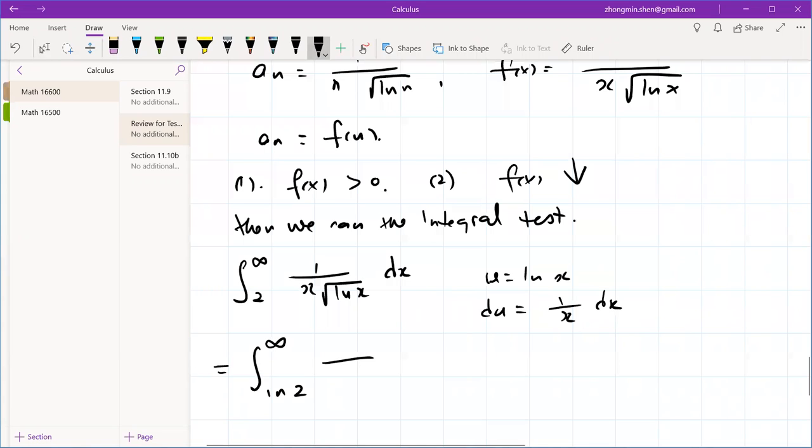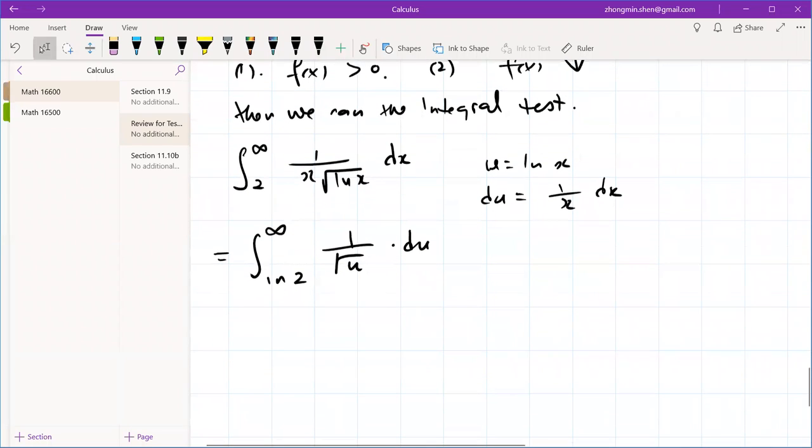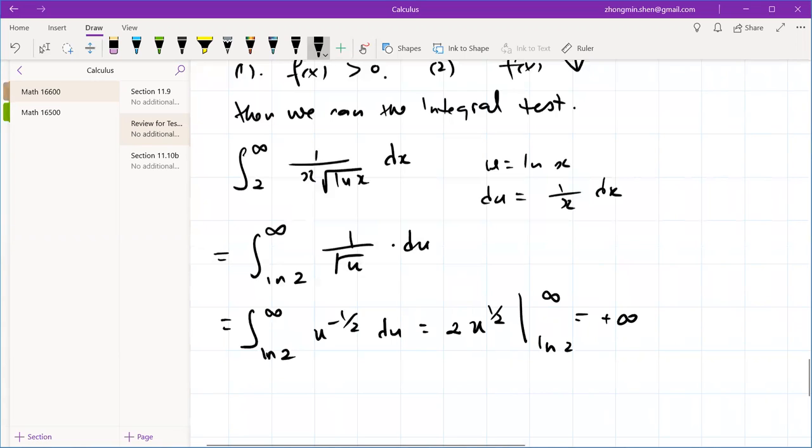And this is going to be 1 over square root of u du. Clearly this is going to be divergent because p is 1/2. So you get the integral from natural log 2 of u to the negative 1/2 du. The antiderivative will be 2 u to the 1/2, and that clearly is infinite, it's divergent.